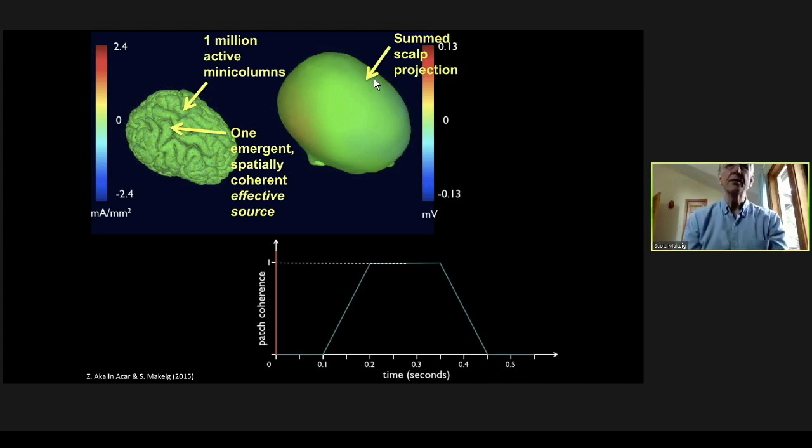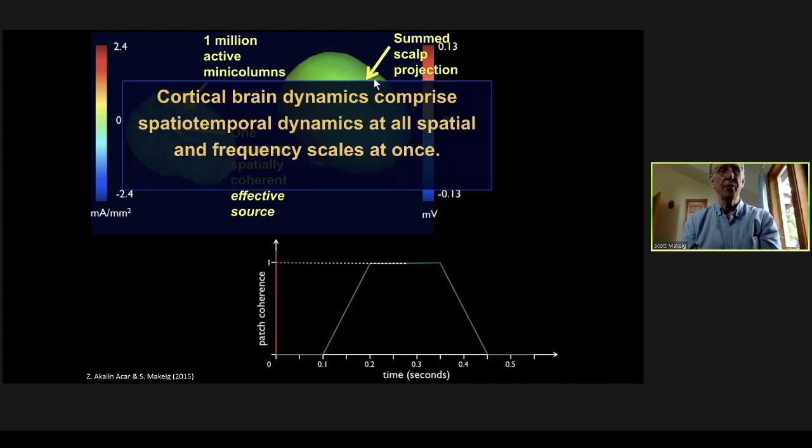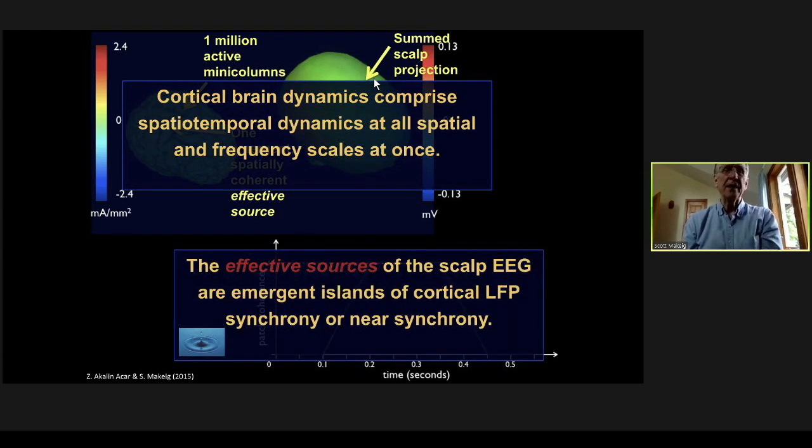It's a dominant effective source in EEG, whereas all the activity that's going on in the brain, the other 990,000 mini columns, although they're very active, because they're spatially incoherent, they make very little net effect on the scalp signals. So effective sources of the scalp EEG are, I would argue, emergent islands of cortical local field potential synchrony or near synchrony.